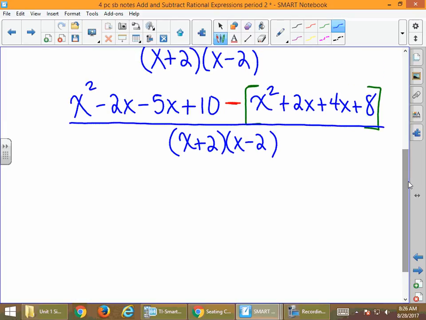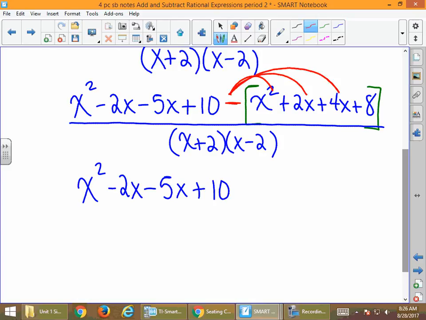Now distribute. You can combine like terms if you want to in that green bracket, but I'm just going to distribute because we're going to have to combine like terms in a couple minutes. So the x squared minus the 2x minus the 5x plus the 10, I know it's got like terms in there as well. But what I want to stress is that we need to distribute that negative there.